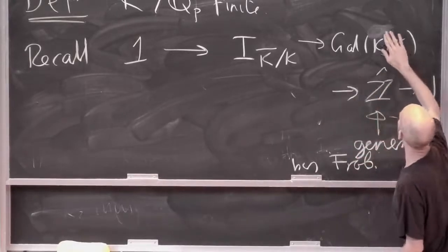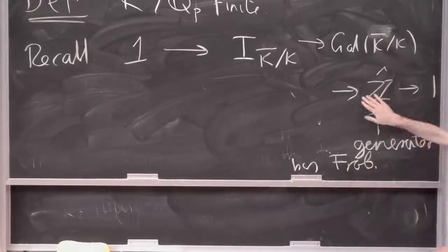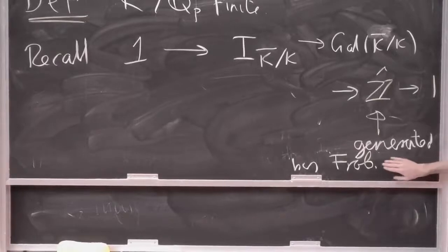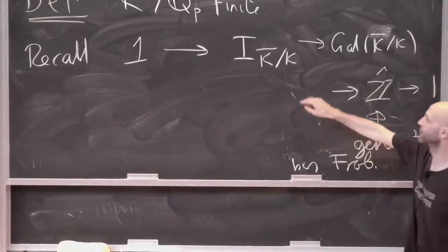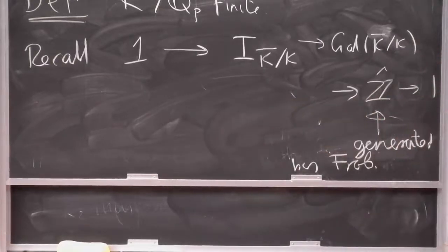Nothing's right. Sorry, this is fine. This is Gal, sorry, I hadn't made a typo. Frob is really an element of this Z-hat. You can lift it to an element of Gal(K-bar over K), but of course there are lots of lifts, and any two lifts will differ by inertia. So Frob is not really a well-defined element of Gal(K-bar over K), but it's a well-defined canonical generator of this Z-hat.